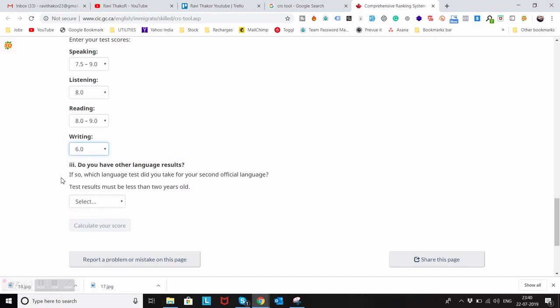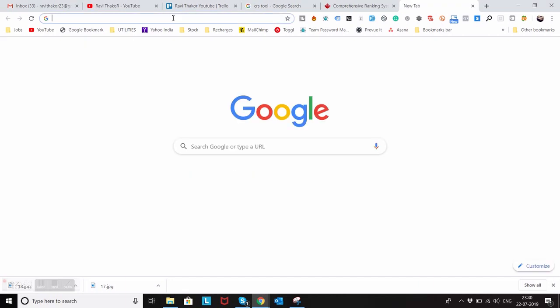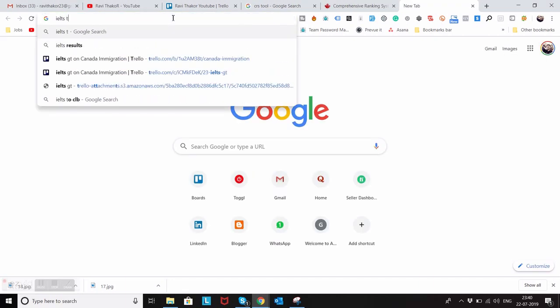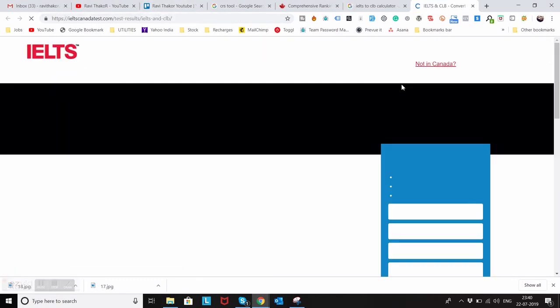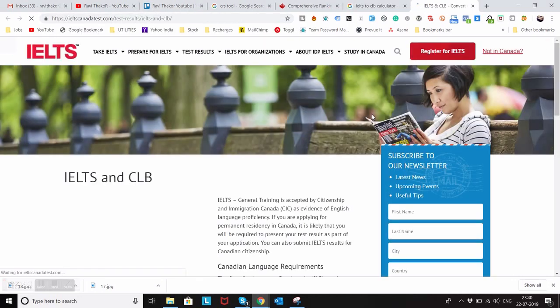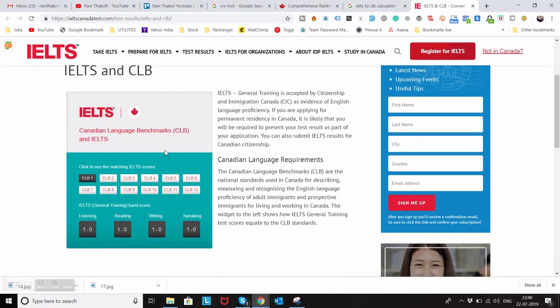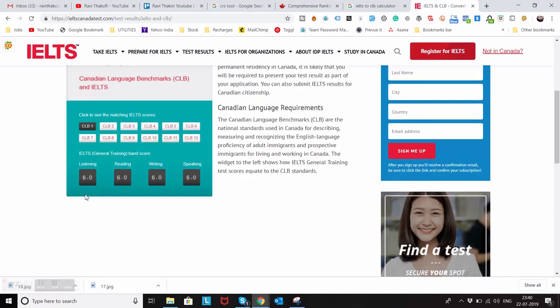If you want to know more on this, you can also check an IELTS score to CLB calculator. To apply for the PR, you need to have CLB 7 or more. So for example, let's say I select CLB 7. You need to have 6, 6, 6, 6 in all the modules in order to be eligible to apply for PR.